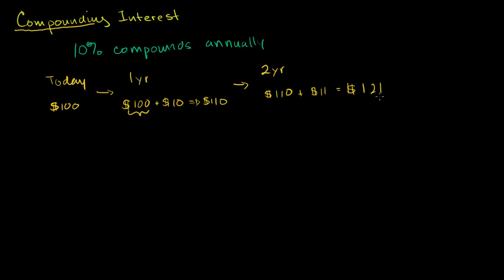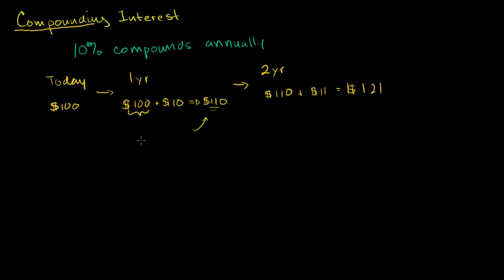And I could just keep doing that. The general way to figure out how much you have after, let's say, n years is you multiply. I'll use a little bit of algebra here. Let's say this is my original deposit, or my principal, however you want to view it. To get to this number right here, we just multiplied.